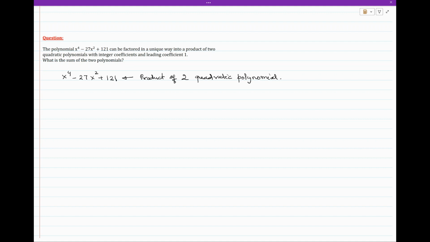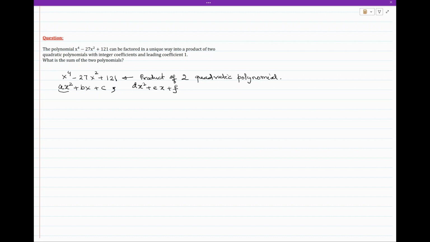The general equation of a quadratic polynomial is a x square plus bx plus c, and if you take another such general quadratic polynomial, we get d x square plus ex plus f.